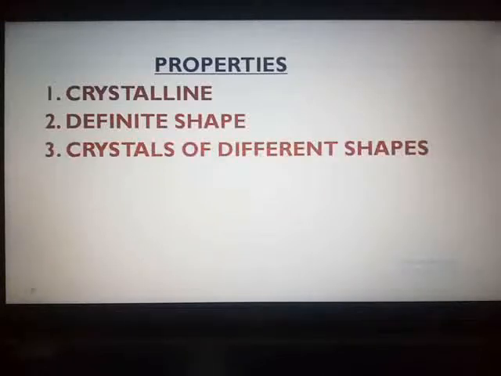So ionic compounds are available in crystals of different shapes. Here different reasons can be asked. Now the main factor that determines the general arrangement of ions in a crystal is the attractive force between the oppositely charged ions and the repulsive force between similarly charged ions.